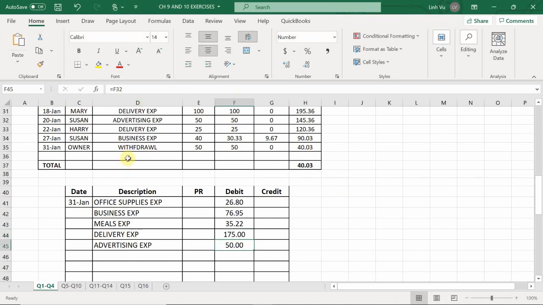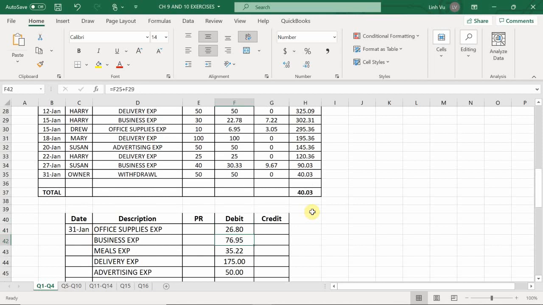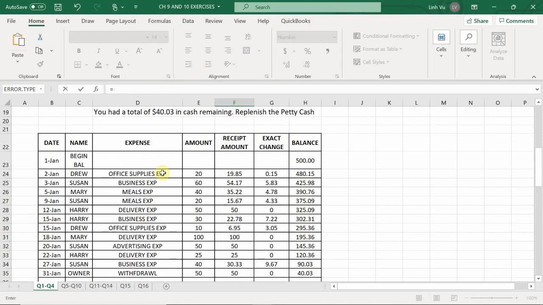All right. Then, let's see, on the 27th of January, Susan borrowed money once again to create a business expense, and it was for $30.33. So, business expense, right now, it's $76.95. Let's go ahead and add up that.